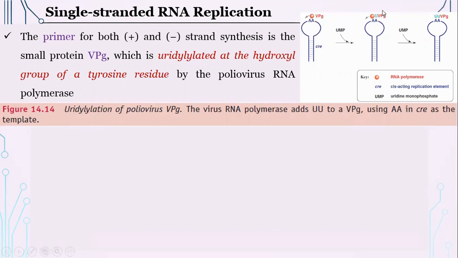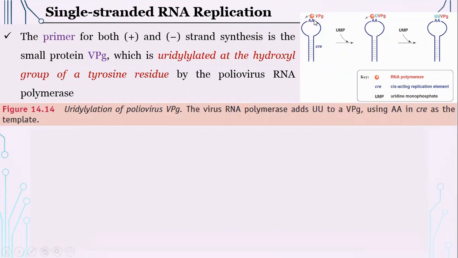So the VPG will bind at this site, and this sequence is known as CRE, the cis acting replication element, and this is the part of actually the virus. And at this site, it will provide a template of two adenines.